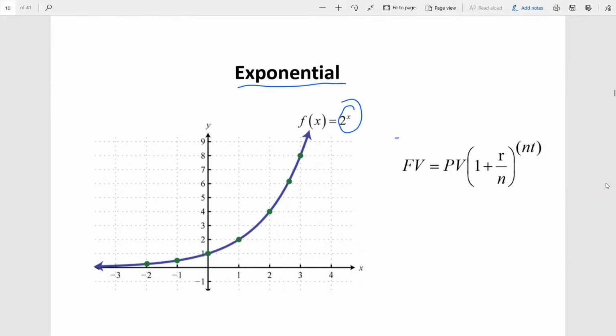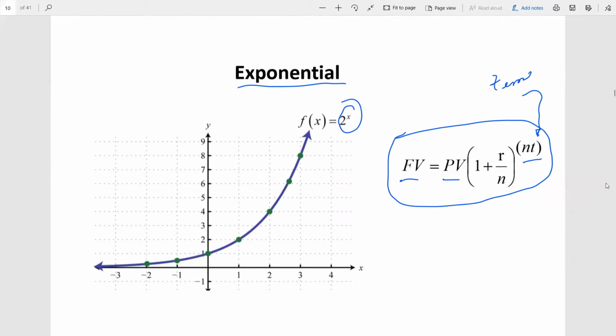An example that we already worked is future value equal present value times 1 plus r over n to the nt, where the variable here is time, and the variable is in the exponent. And when you've got something that grows exponentially, it grows very quickly, very fast.